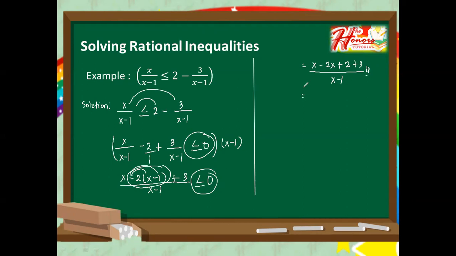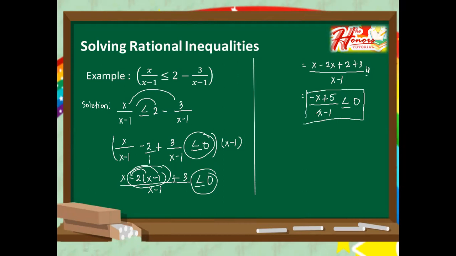Let's combine like terms here. So we have here x minus 2x, that is negative x. And then 2 plus 3, so that is 5. So plus 5 over the LCD or the denominator, which is x minus 1. Don't forget this. That is less than or equal to 0. So now this will be our inequality.